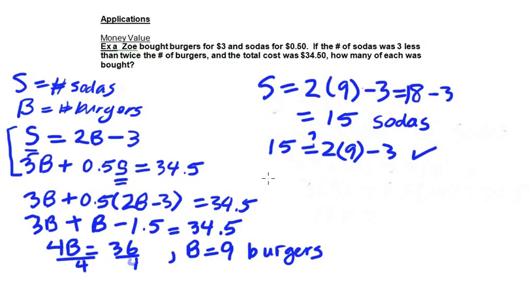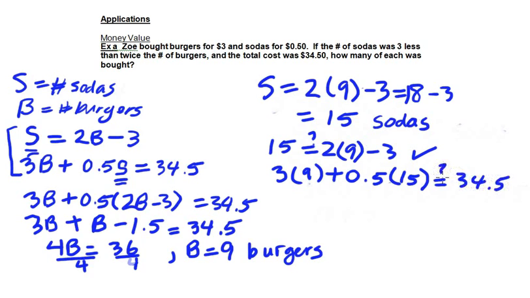And then the second equation, we have 3B, so that's 3 times 9, plus 0.5 times S, so that's 0.5 times 15. And is that equal to 34.5?